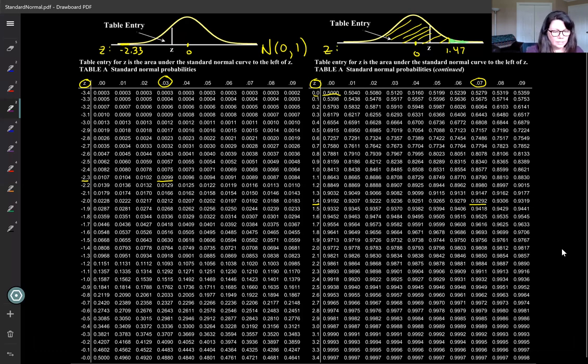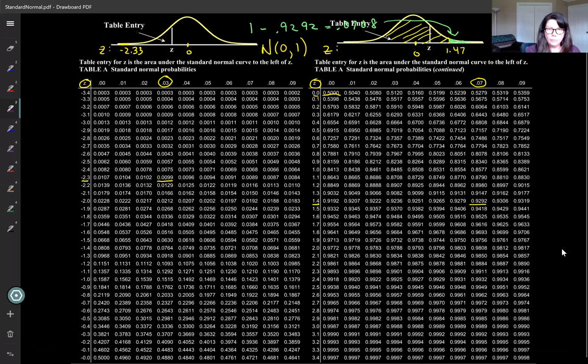What you do then is you always remember this formula. 1, which is the entire bell-shaped curve, that's the entire area, subtract the area to the left of that value, which we know was, in the tabulation, 0.9292. So then that equals 0.0708. And so that's what that area would be equal to on that side.